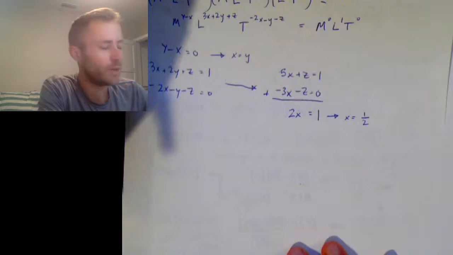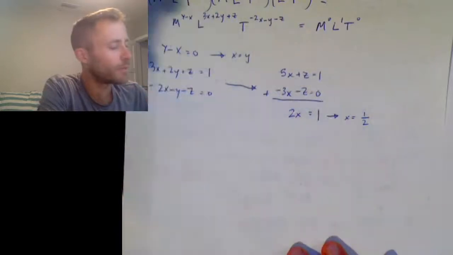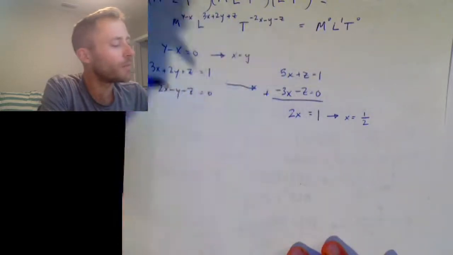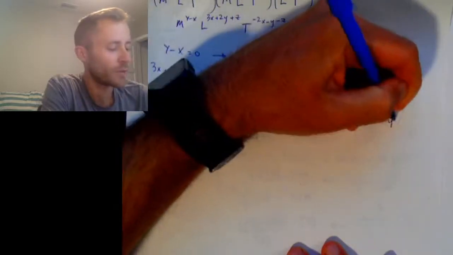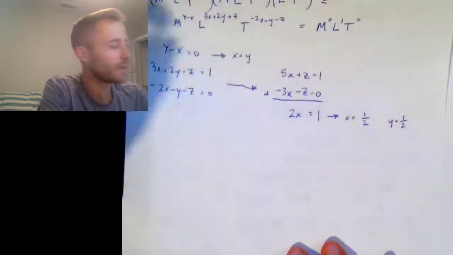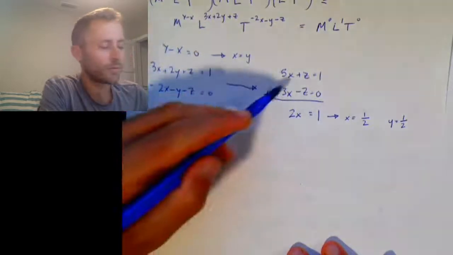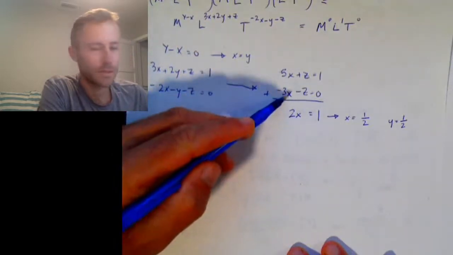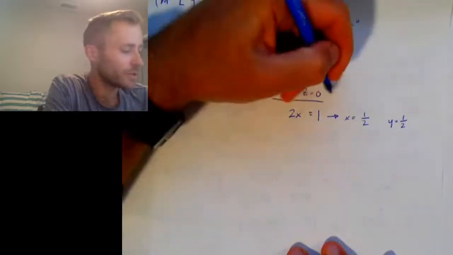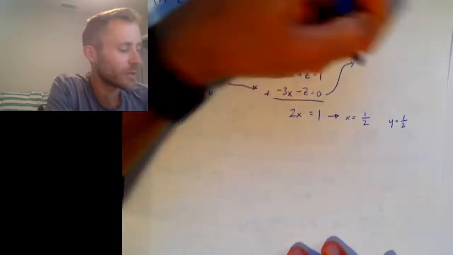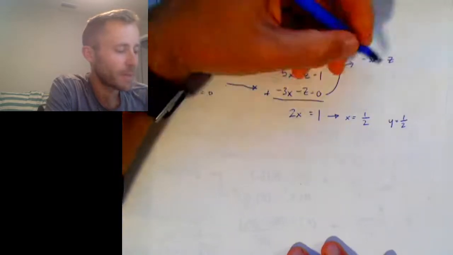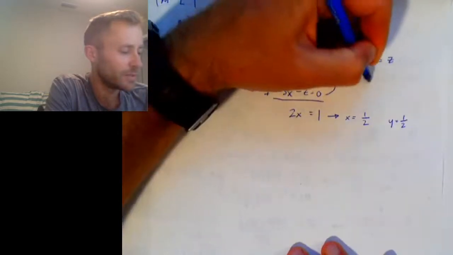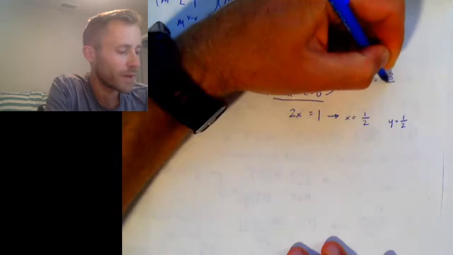And then we also have that x equals y. So that means that y equals 1/2. And then taking this equation, that one says that negative 3x equals z. So that means that z equals minus 3/2.